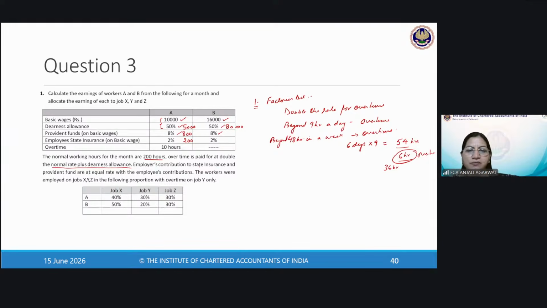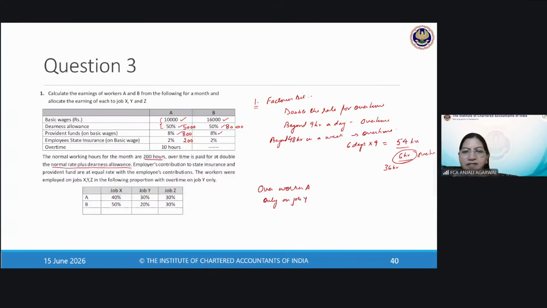Employee state contribution, ESI and Provident Fund are at equal rate with the employee's contribution, so the employer is also contributing and the employee is also contributing. And these workers are employed on jobs X, Y, Z in the following proportion with overtime on job Y only. So two things are here: overtime is done only by worker A and it is done only on job Y.